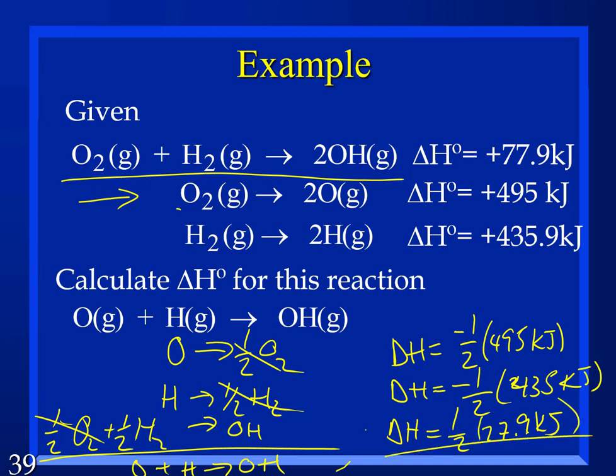So negative 0.5 times 495 plus negative 0.5 times 435 plus 0.5 times 77.9 equals negative 426 kilojoules. Extra super complicated?